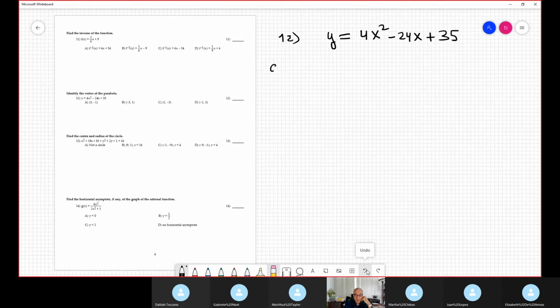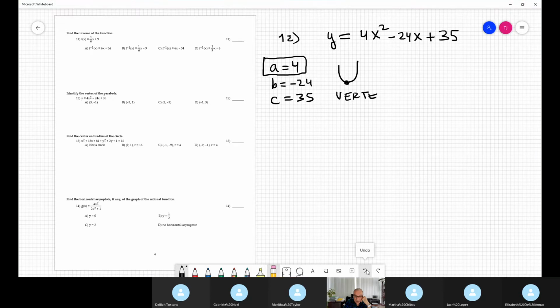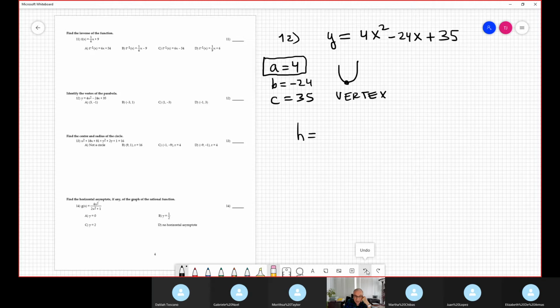Remember, a is 4, b is negative 24, and c is 35. This parabola opens up, and I know it opens up because a is a positive number. They want to find this famous point, the vertex. For the vertex we have the formula h is equal to minus b over 2a.